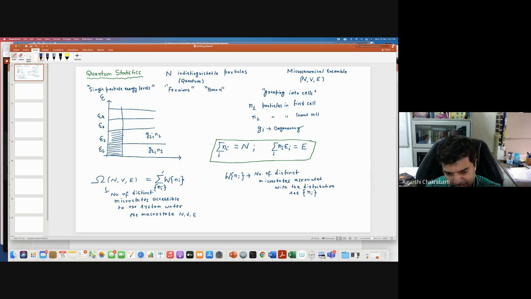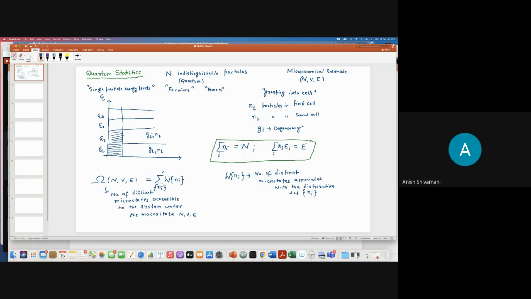I'll explain. So let me think. I have drawn this picture. Okay, this is fine. How many such pictures can I draw? Anyone can answer. First of all, I have these constraints: summation Ni is N, and summation Ni epsilon i is equal to E. Is this clear?